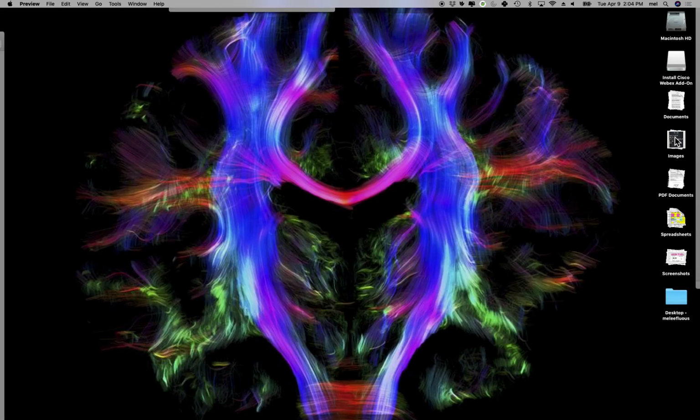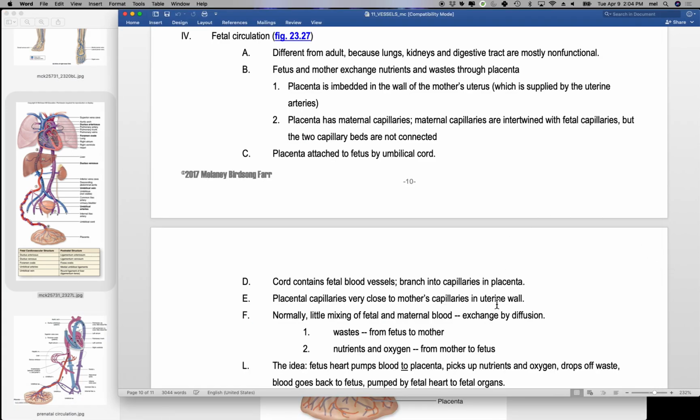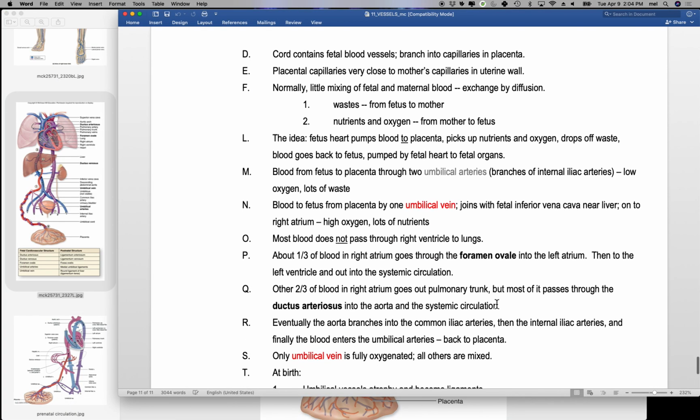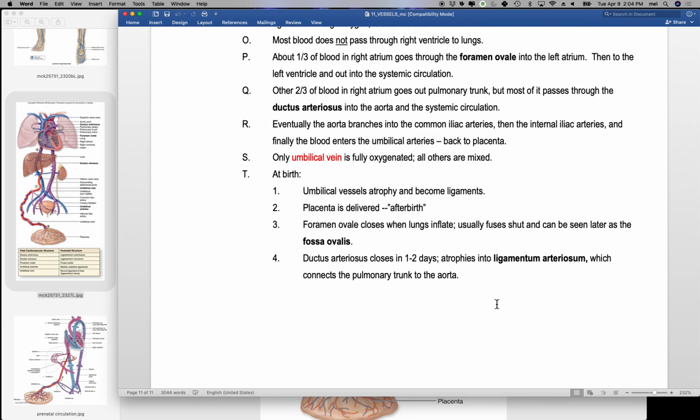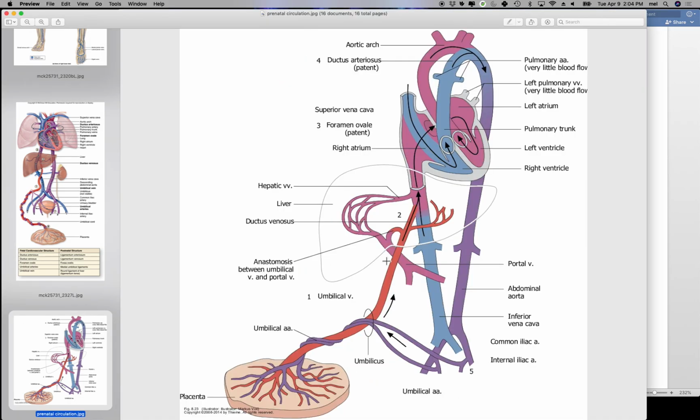But let me tell you what's going to happen once you're born. Okay, so at birth, here's what's going to happen. So first off, some of you know this and some of you don't, so I'm not insulting your intelligence. You're going to give birth through your vagina, generally. That's not how I did it, but you're going to give birth through your vagina. The baby's going to come out.